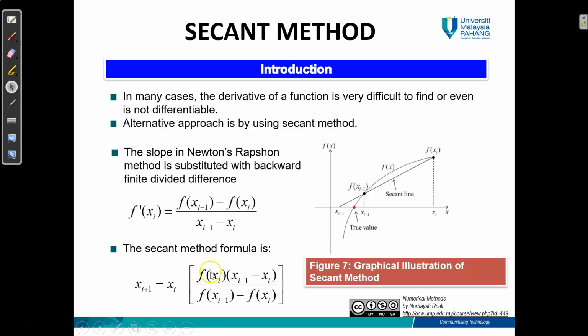Then the second method changes the formula to this one: xi plus 1 equals xi, and the derivative part we change, then we rearrange and get this formula. Class, you don't have to remember all these formulas. The formula will be given to you. Okay?